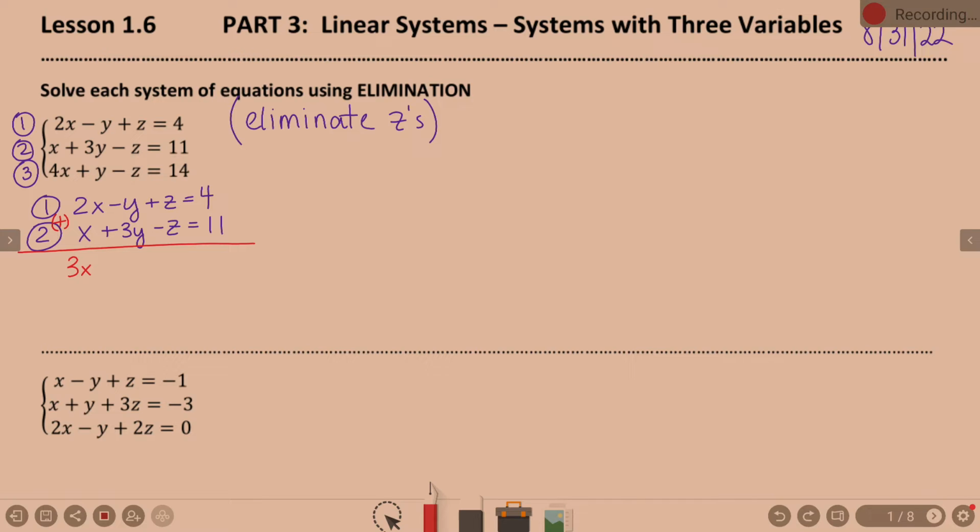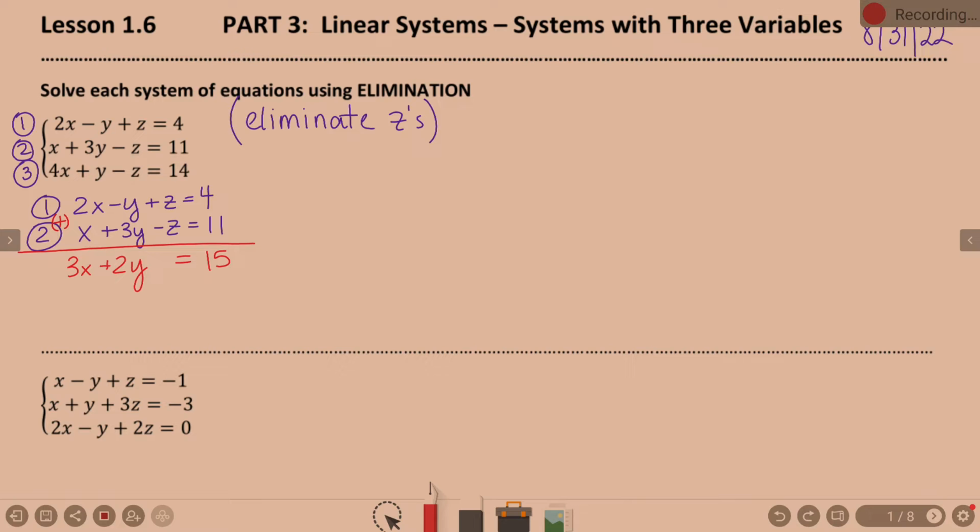Negative y plus 3y is 2y. Z plus negative z eliminates like we wanted. Carry down our equal sign. And 4 plus 11 is 15.